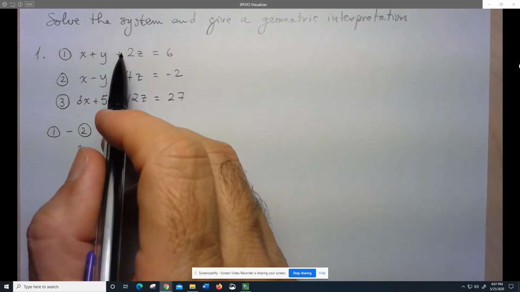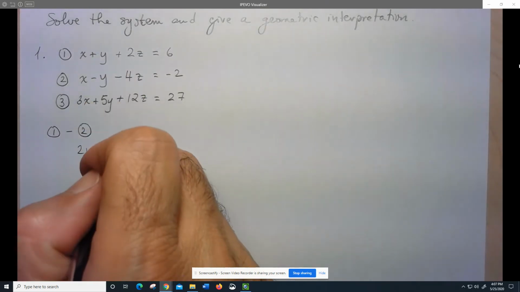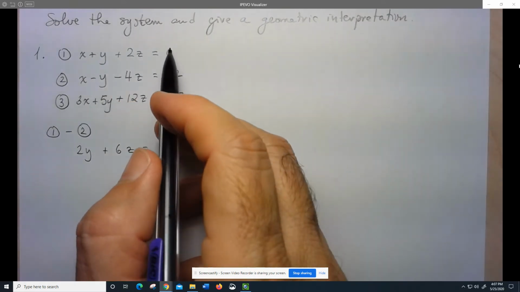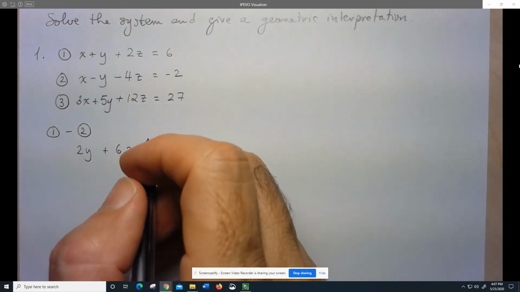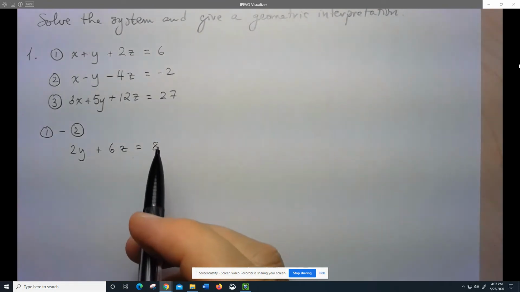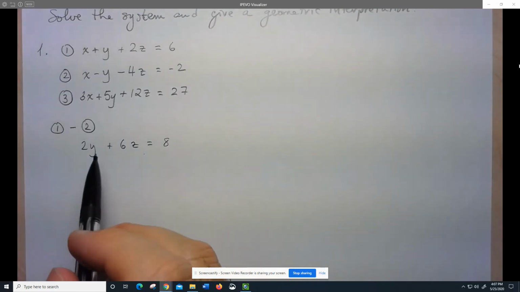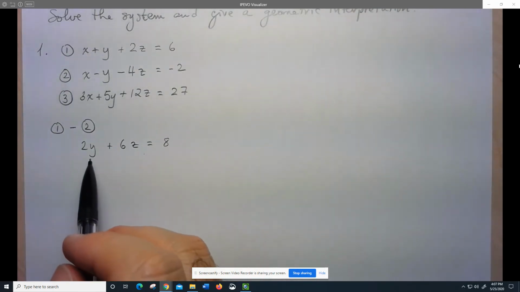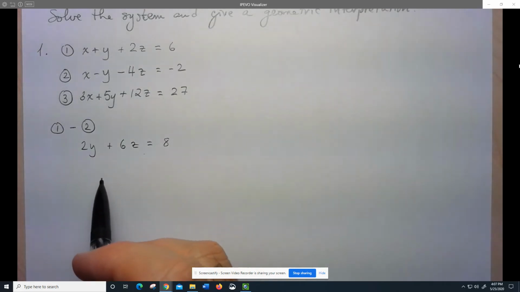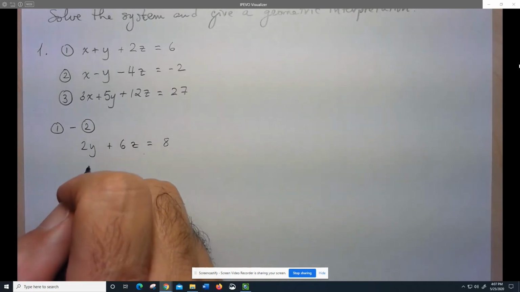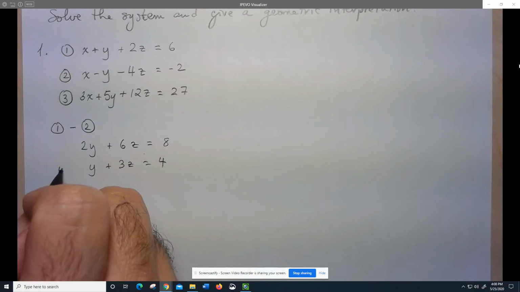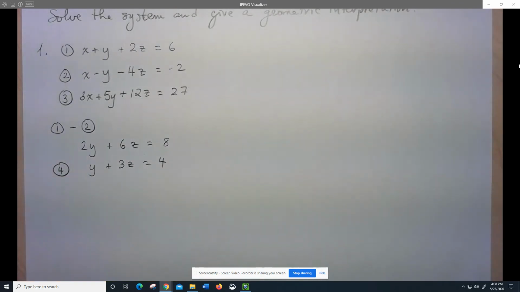Then 2 minus negative 4 is 6, so plus 6z equals 6 minus negative 2, which is 8. Now, as I did in the previous video, let's make life easier and divide both sides by 2, since that's a legal operation that doesn't change the equation. So y plus 3z equals 4, and I'll call this equation 4.